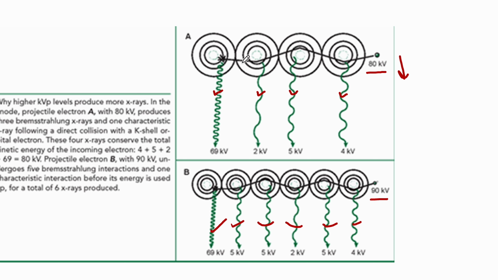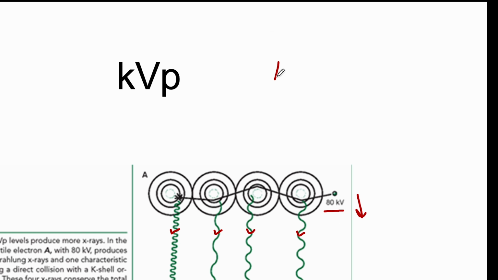We get one characteristic and 3 Brem photons. Here we get one characteristic and 1, 2, 3, 4, 5. So this is a demonstration of how kVp also impacts the number of photons. Not the primary determinant, but it does have an impact. And you've also seen this before, the 15% rule.